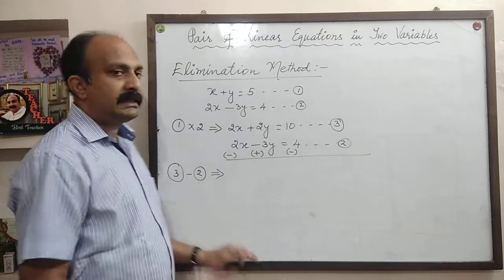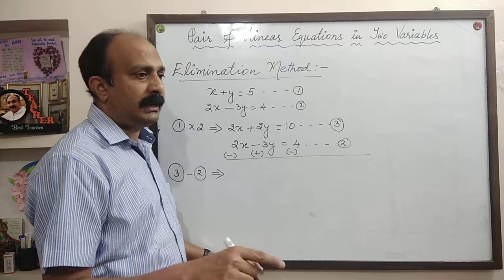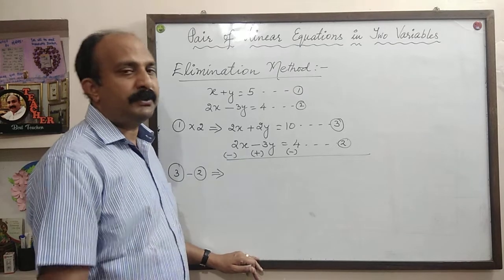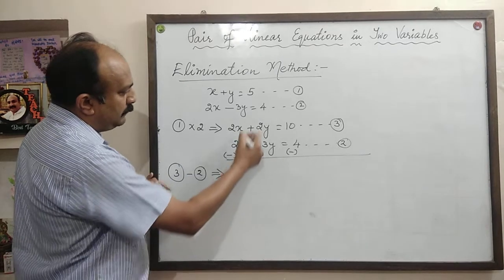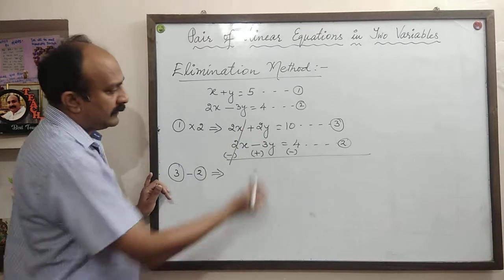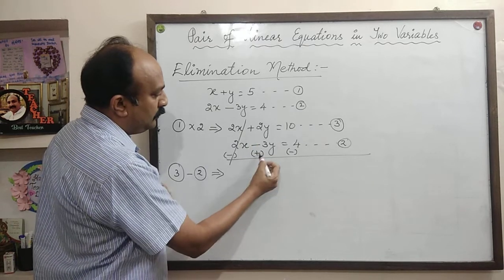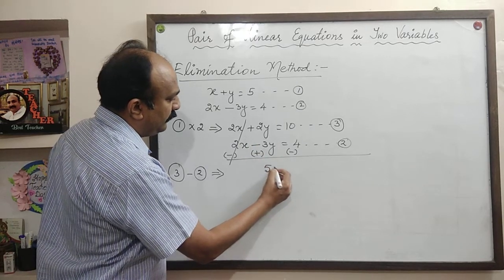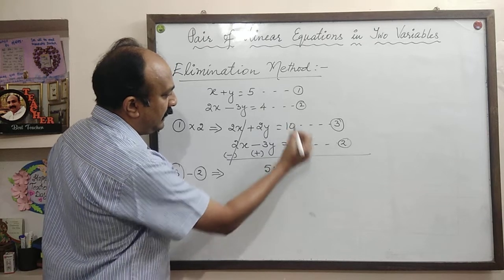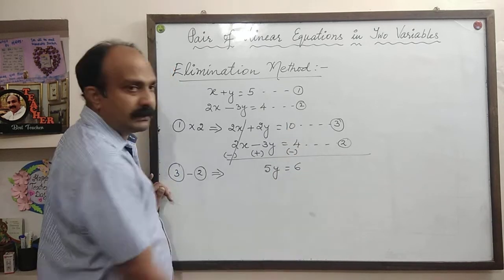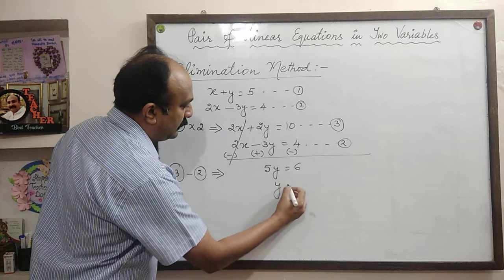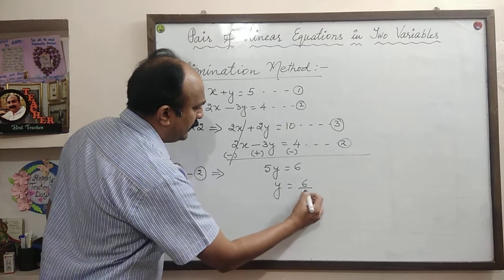We know that subtraction is addition by opposite sign. Now 2x minus 2x got cancelled, plus 2y plus 3y is plus 5y, 10 minus 4 is 6. Therefore, y is equal to 6 upon 5.